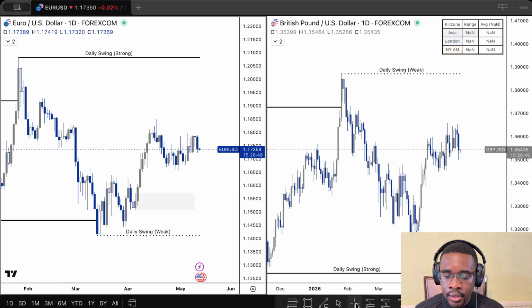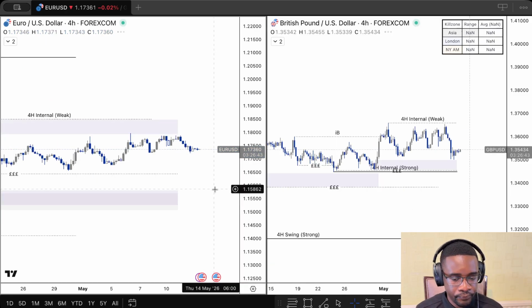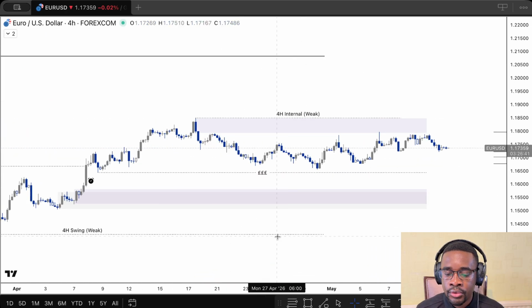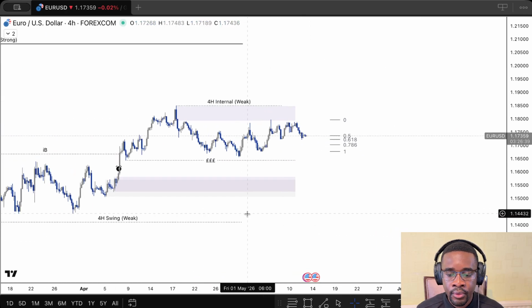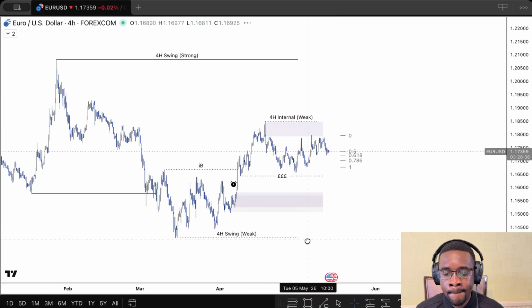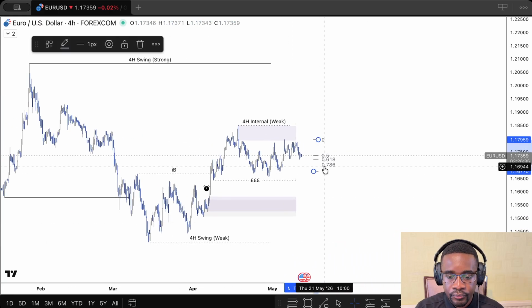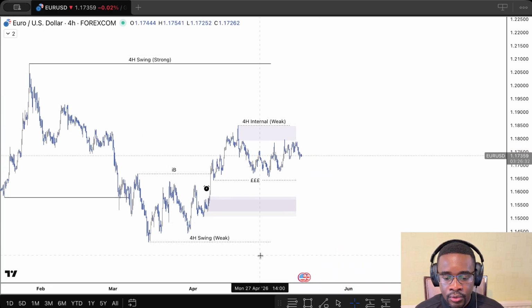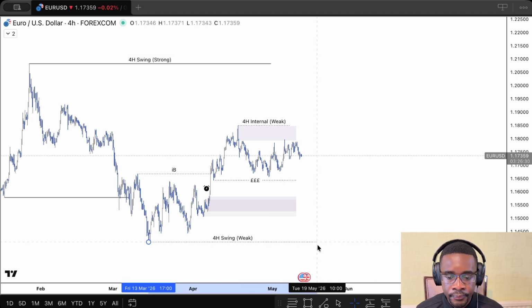So let's look at the 4-hour on the Euro USD. So looking at the 4-hour on the Euro USD.